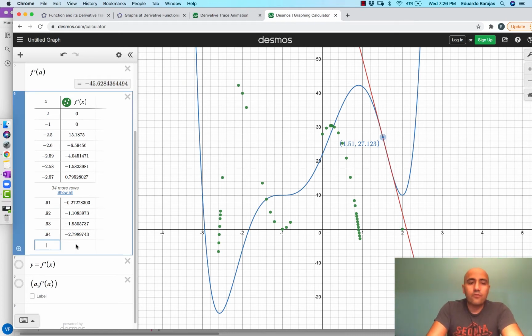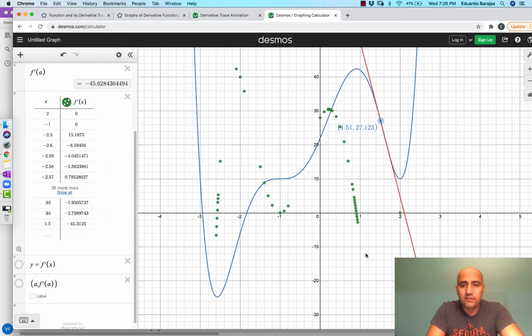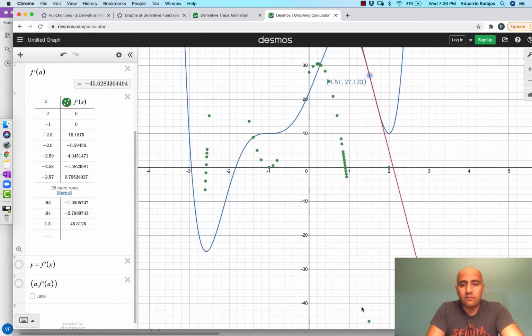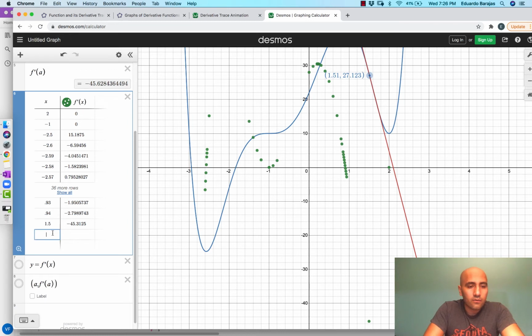So let's graph a few points around there. So 1.5. 1.5 leads to 40 something, so that's way over there. There it is. 1.4, 1.6, 1.7.